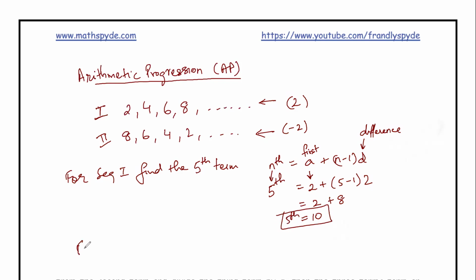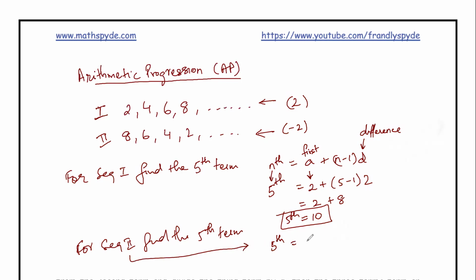And for sequence 2, find the fifth term. We know that the fifth term will be 0 because the difference is negative 2. So using the nth term formula for sequence 2, the first term is 8, and then 5 minus 1 into negative 2.